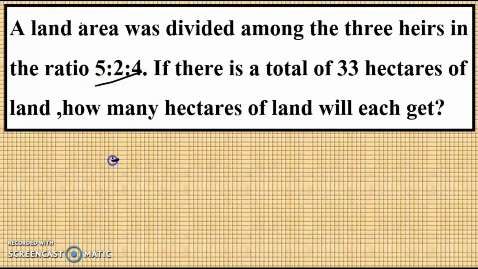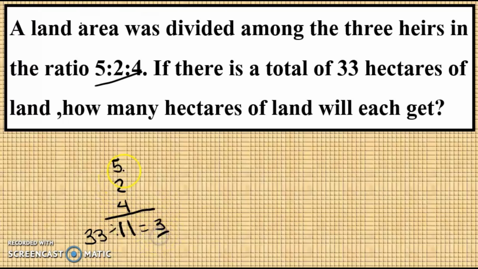So, 5, 2, and then 4. 5 plus 2 is 7 plus 4 is 11. Okay? And then, after nyan, divide natin. So, 33 divided by 11 is equals to ilan? Okay, that is 3.